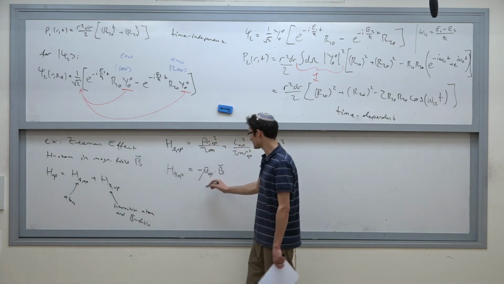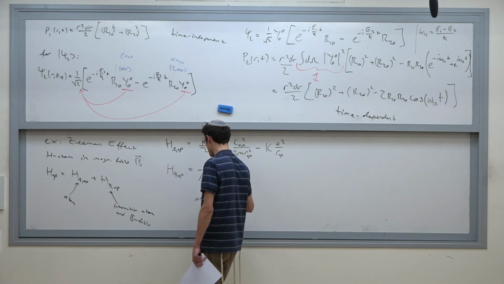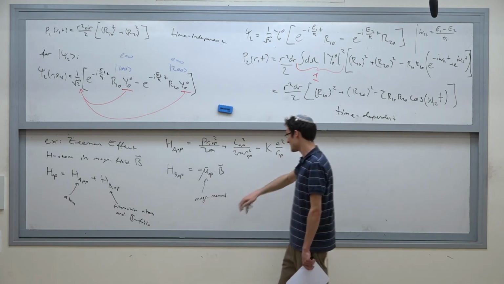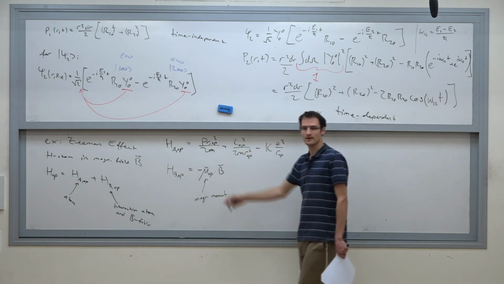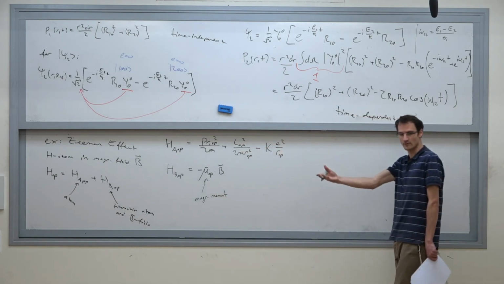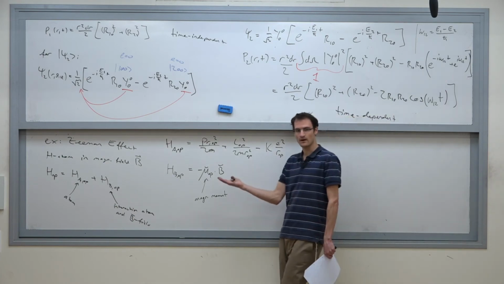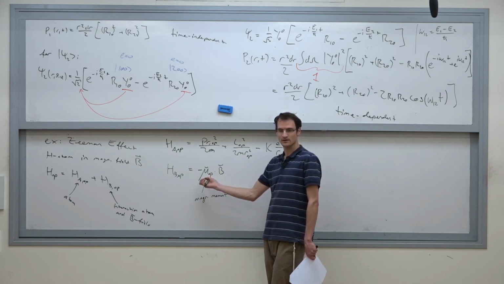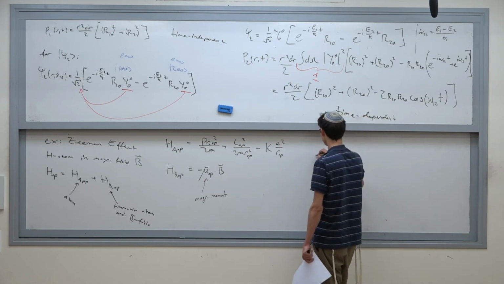And the interaction looks as follows. It's mu, which is the magnetic moment of the atom, times the magnetic field B. Now the magnetic moment is an operator because it's an observable. I can measure the magnetic moment. It's like a magnet, so I can measure it, which is why it's an observable, and we know that with every observable we can associate an operator. How does it look like?